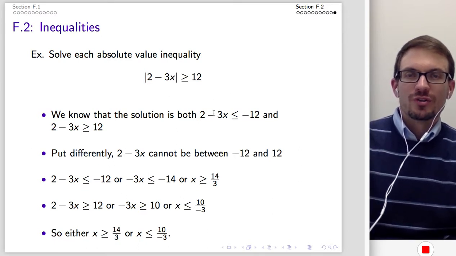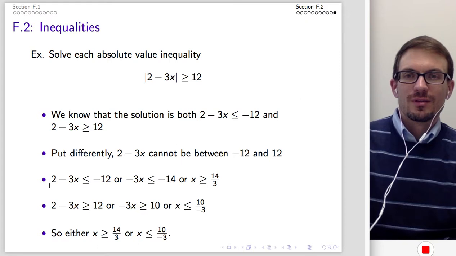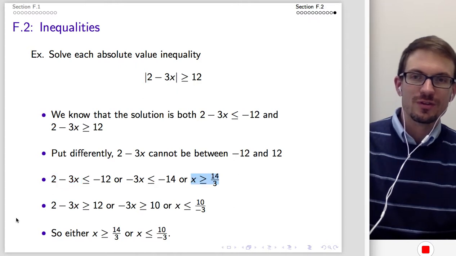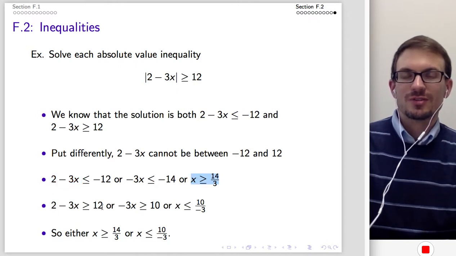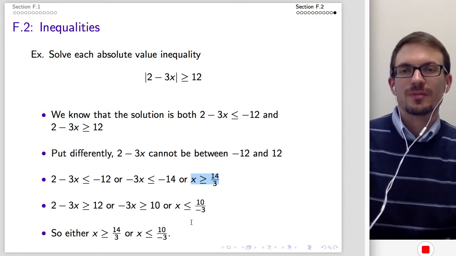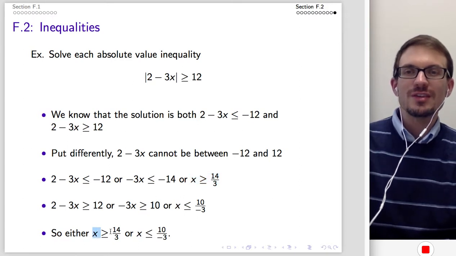So we need it more extreme. So 2 minus 3x is less than or equal to negative 12, or x is bigger than 14 thirds. And 2 minus 3x is bigger than 12, or x is less than negative 10 thirds.